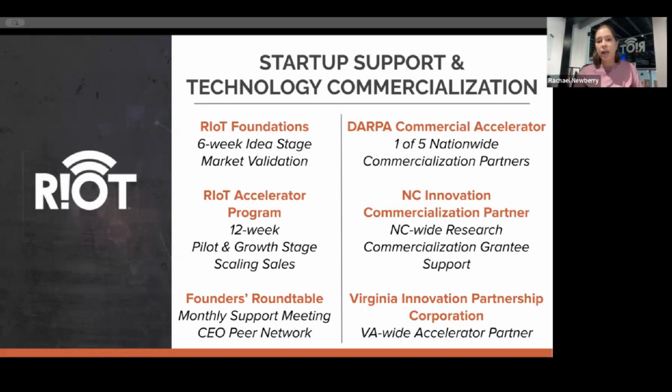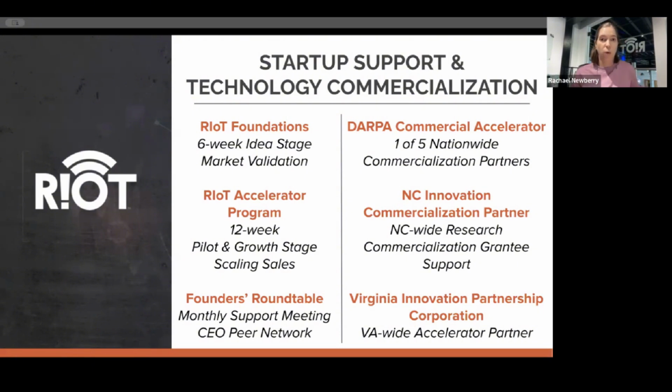On the partner side, these are just a few examples of how we work with partners. We are one of 5 organizations nationally that support DARPA with their research commercialization ventures. We work statewide with NC Innovation, which is a grant-giving organization that supports university research projects that are spinning out of the university system.